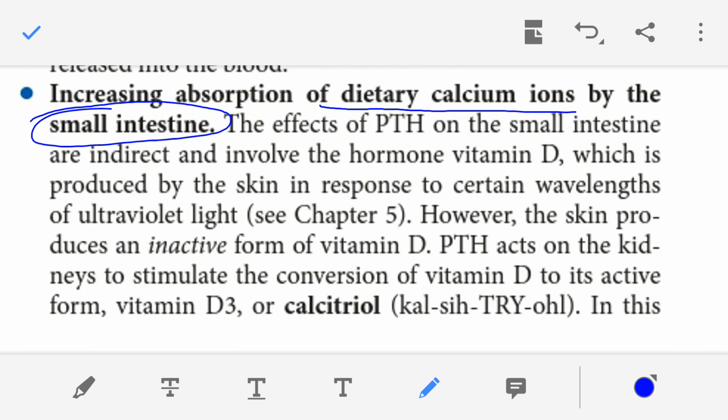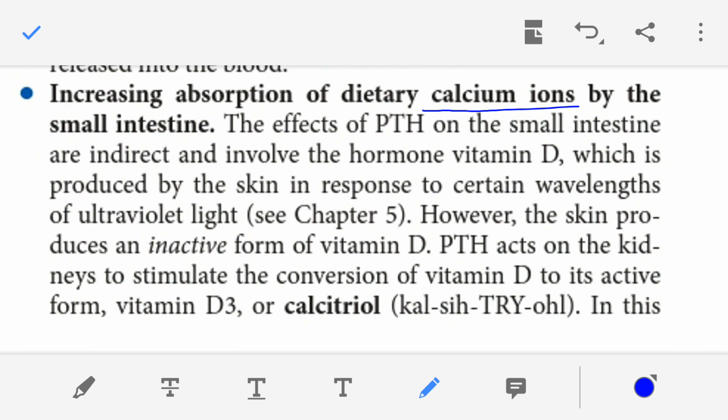Dietary means the calcium ion which is present in our food. So from the food, small intestine is absorbing calcium ion due to the effect of PTH. Now, what is the mechanism? Why is the small intestine absorbing more calcium ion? In which circumstances?